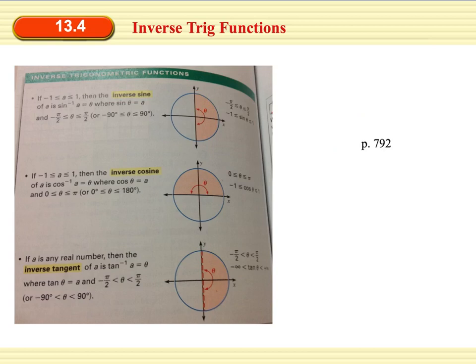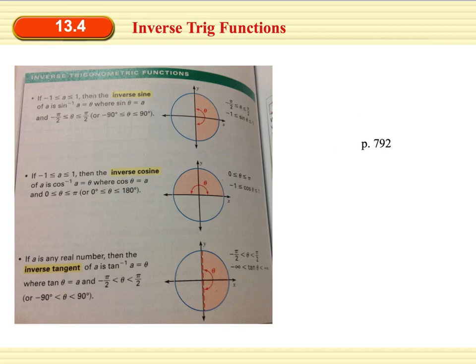That's when we're taking the inverse sine of a value. Let's call that value A. It has to be between -1 and +1. If it goes outside of that range, then we're not able to find the inverse function, meaning that angle doesn't exist. So if I tell you to find the inverse sine of 2, well, 2 falls outside of this range, so that's not going to exist.